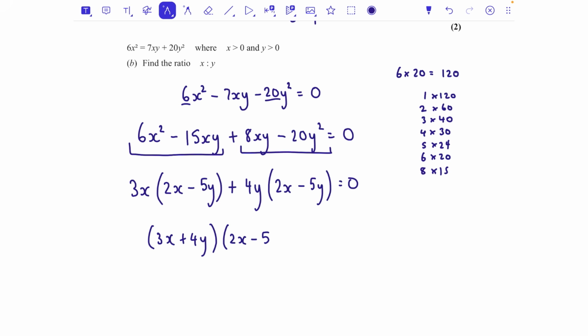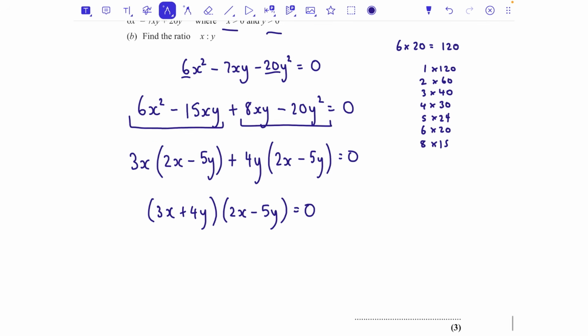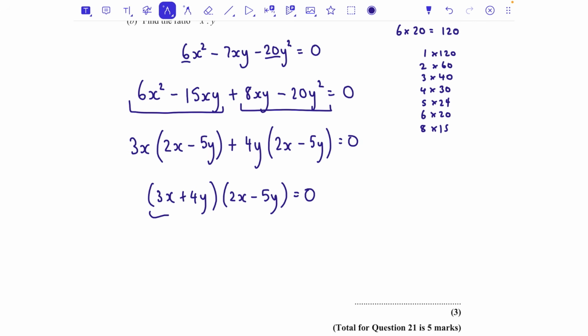2x minus 5y. Now we're told in the question that both x and y are positive for this. So I know that to solve this, either this needs to equal 0 or this needs to equal 0. So either 3x add 4y needs to equal 0, or 2x minus 5y needs to equal 0. And if 3x add 4y is 0, then 3x equals minus 4y, and we're going to have a negative there, so that's no good, that's not going to get me anywhere.